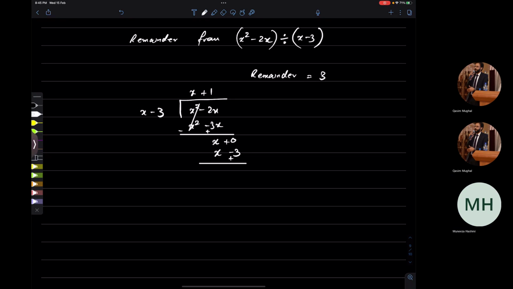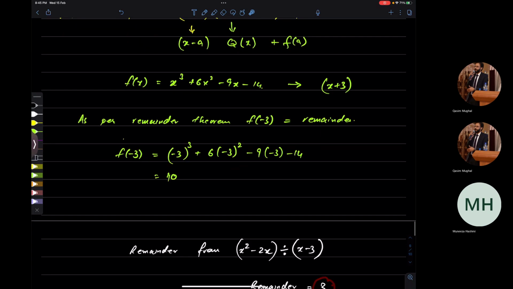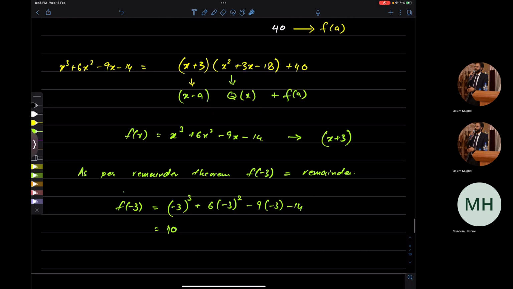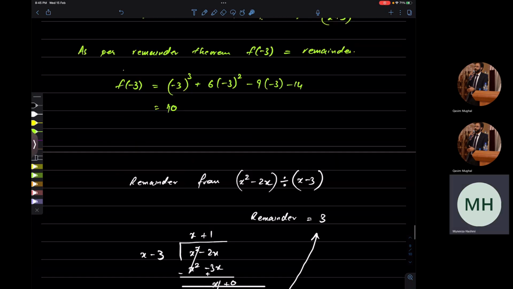Change the signs, and you have 3 at the end. So without doing the long division process, you came to know about the remainder directly by applying the remainder theorem. Okay? Got it?